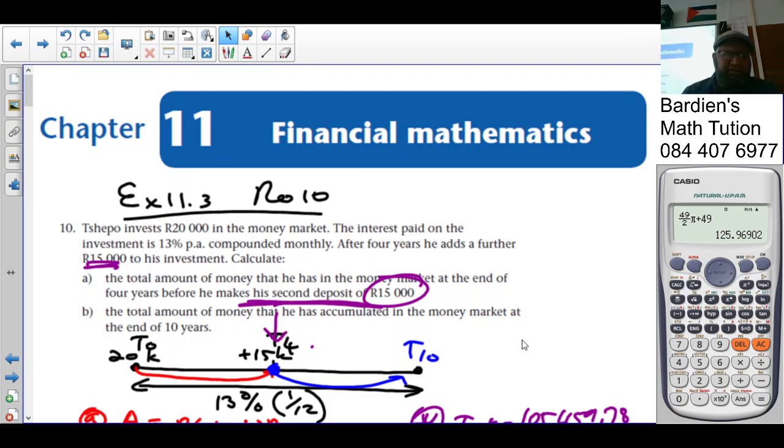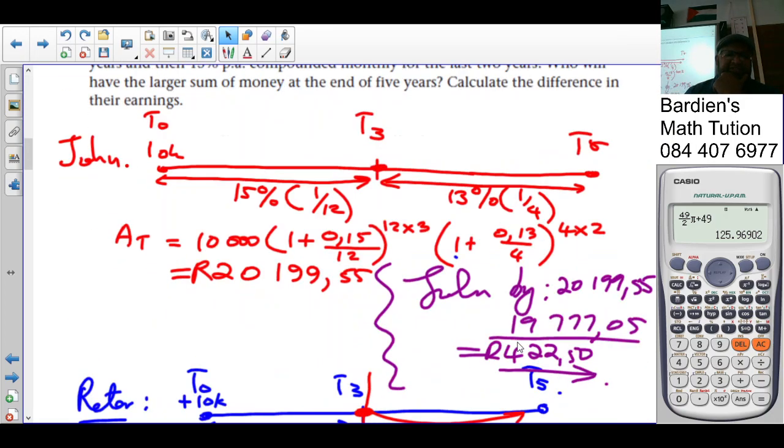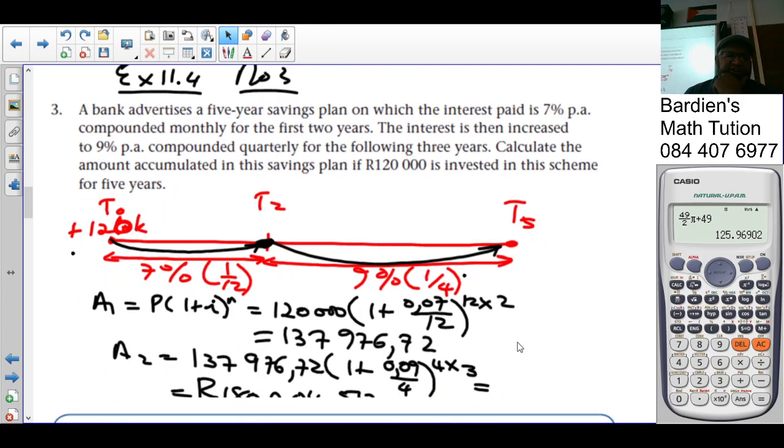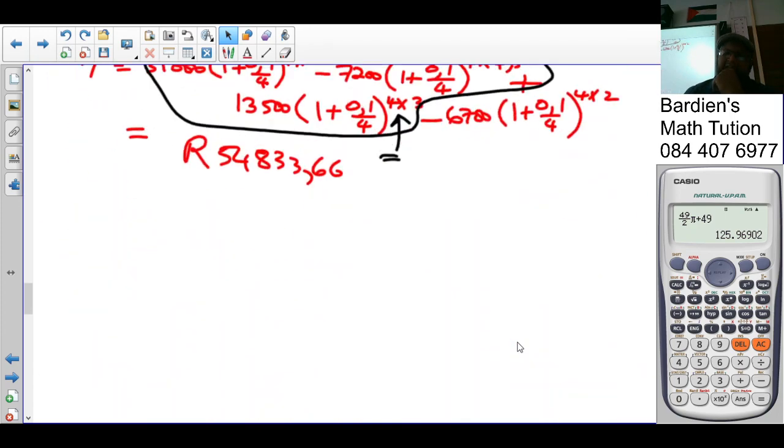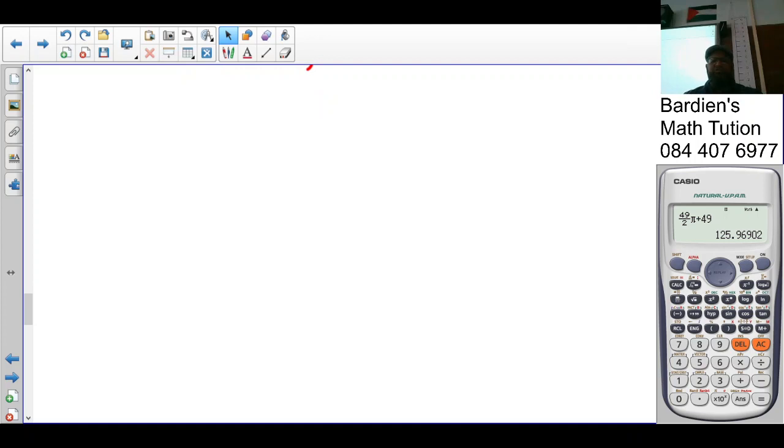Okay, good morning class. Today your homework was exercise 11.4 and 11.5. Were there any issues with exercise 11.4? Anything other than number 4?